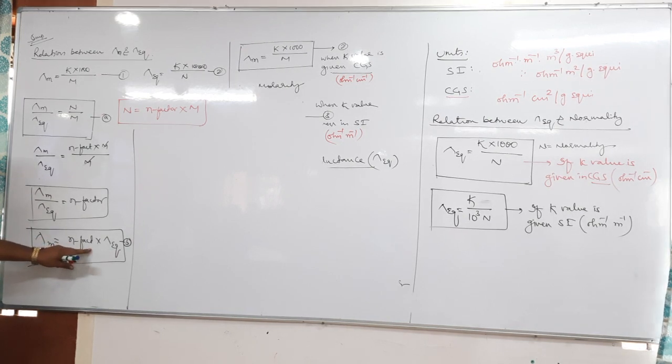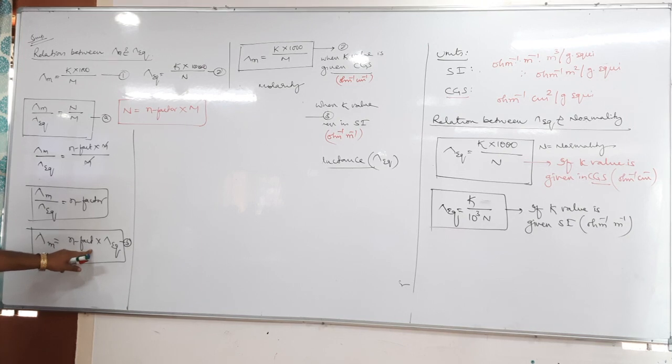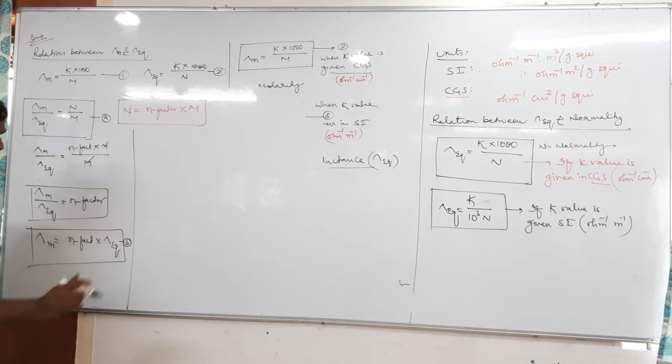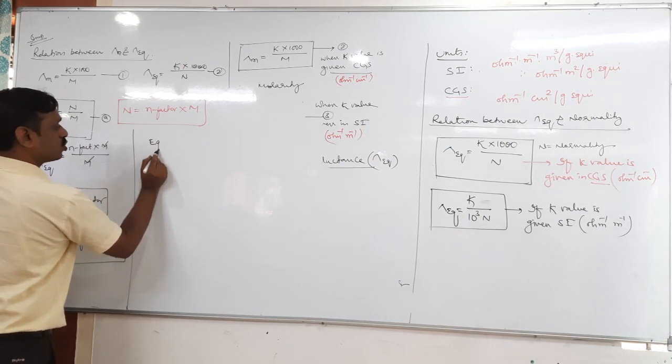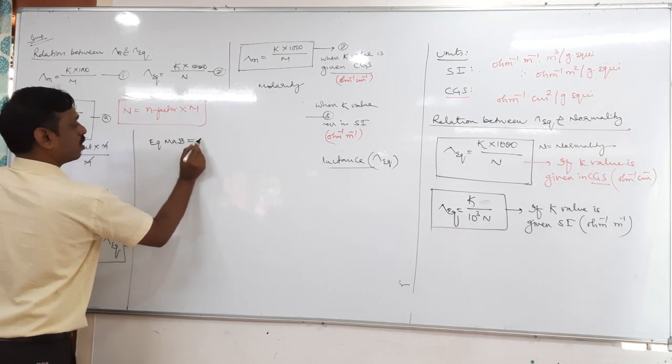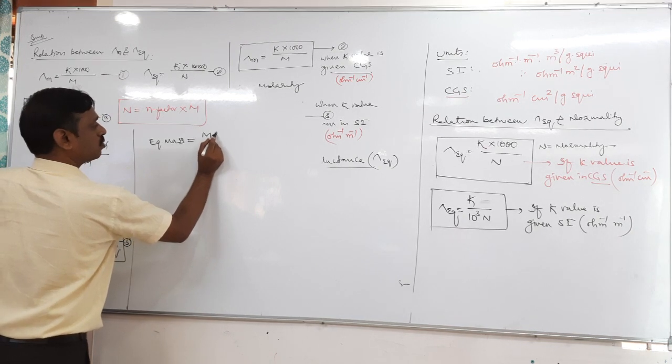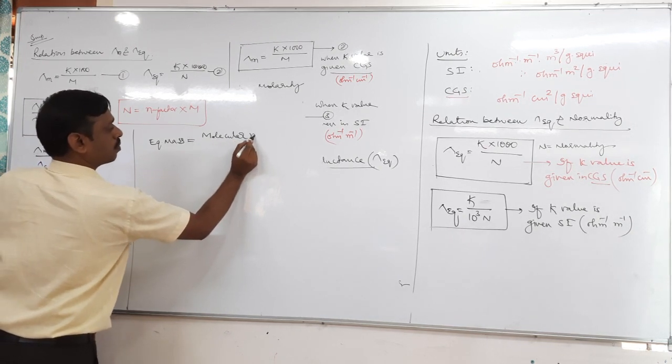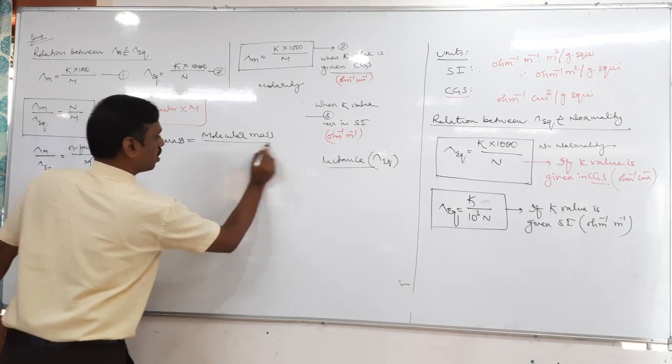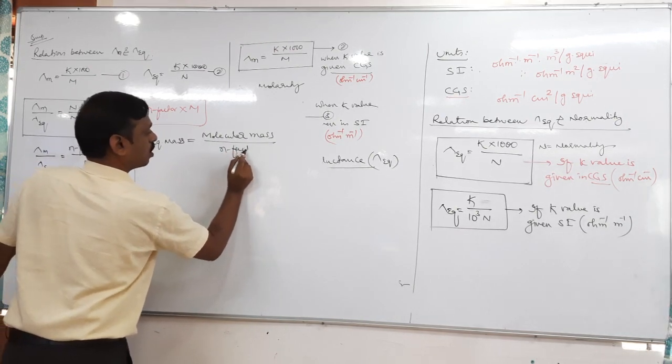You know, n factor is also related with molecular mass and equivalent mass. You remember, equivalent mass is equal to molecular mass by n factor. Yes or no? We did a lot of this in redox reactions. So equivalent mass is equal to molecular mass M divided by n factor.